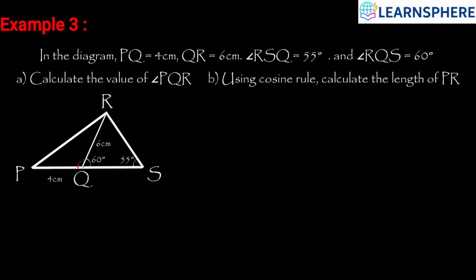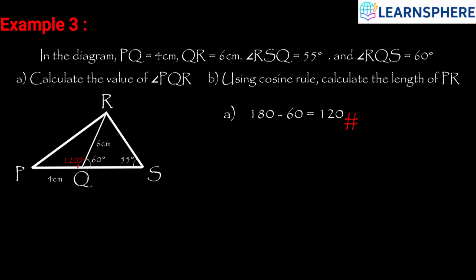To solve for angle PQR, as we know, angles on a straight line add up to 180 degrees. And we know angle RQS to be 60 degrees. We can simply solve for angle PQR by taking 180 minus 60, which gives us 120 degrees as the answer of angle PQR.